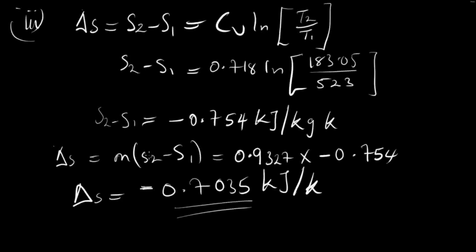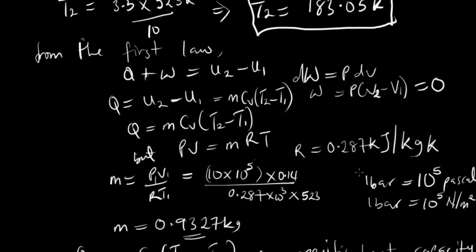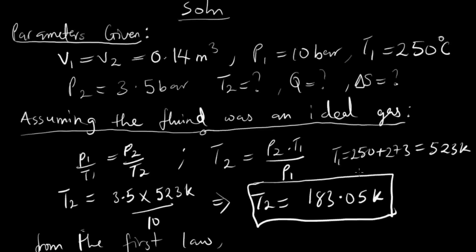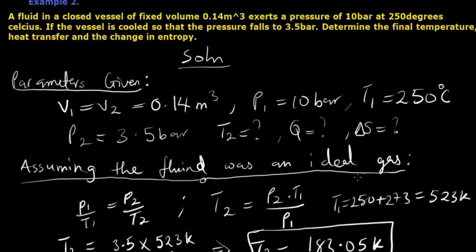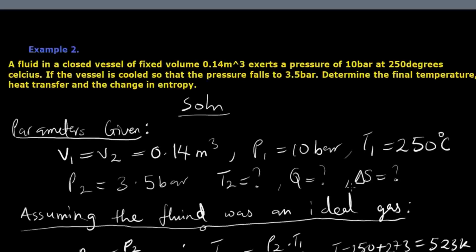As you can see, we've solved this under the assumption that the fluid was an ideal gas. So we are going to assume the fluid was a vapor, and solve with that assumption.